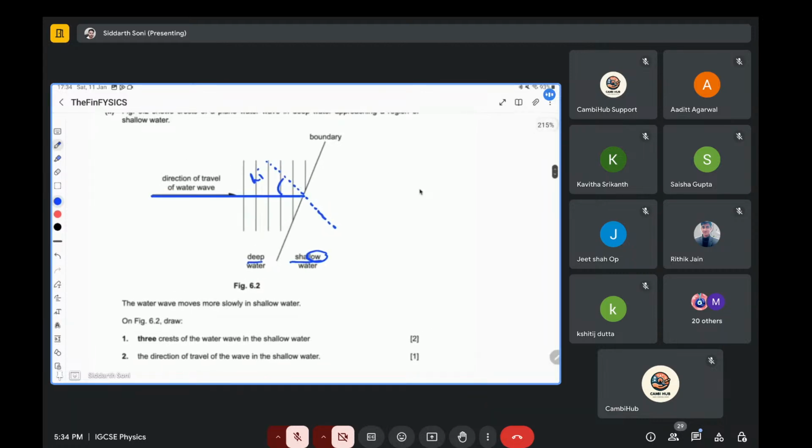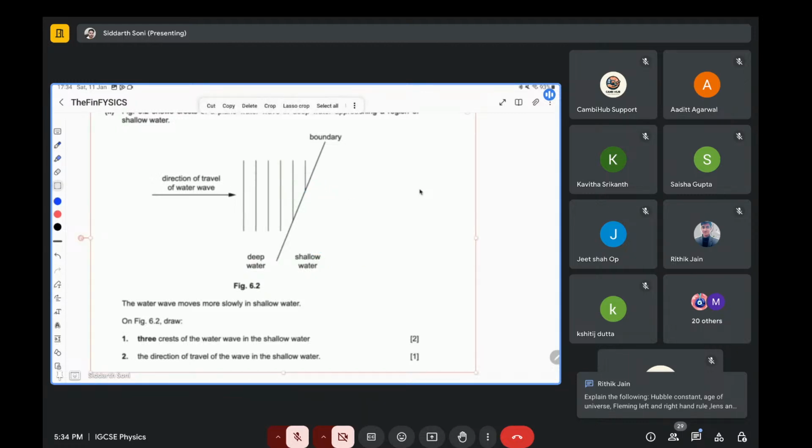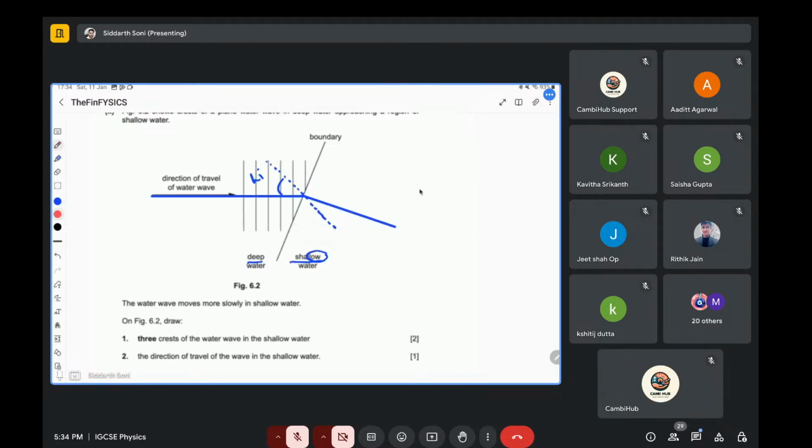So this ray, instead of going straight, will now bend towards the normal, which means something like this. I don't really have a protractor, but yes, something like this towards the normal. Now your new wave fronts will lie on this, because your wave fronts are always perpendicular to the wave travel.